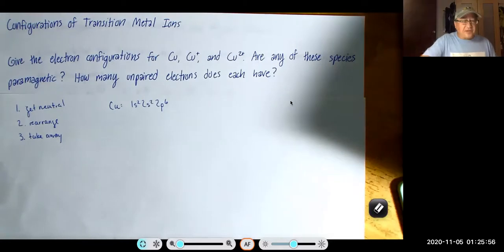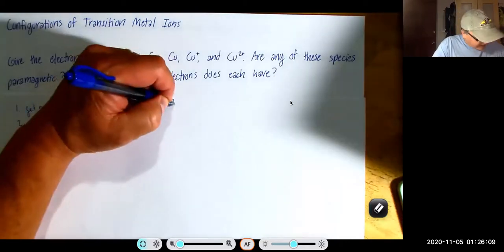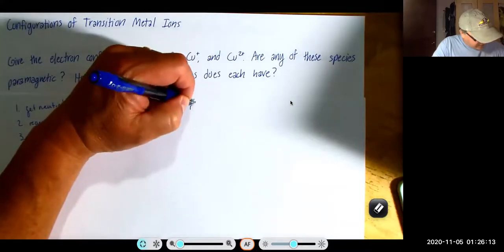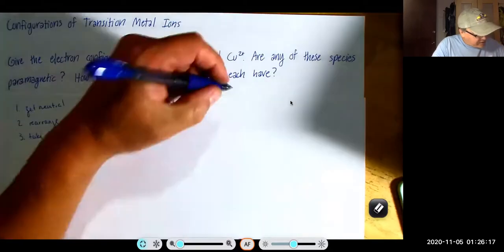Get the electron configuration for copper yourself and rearrange it and then see what you get compared to me. Okay, great, you're back. So we get 2p6, 3s2, 3p6, 4s2, and then copper would be 3d9.